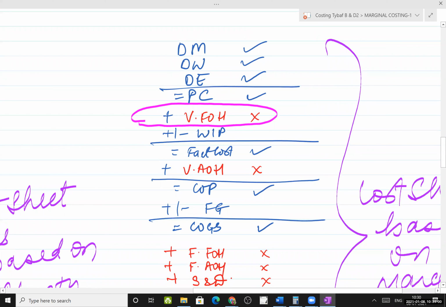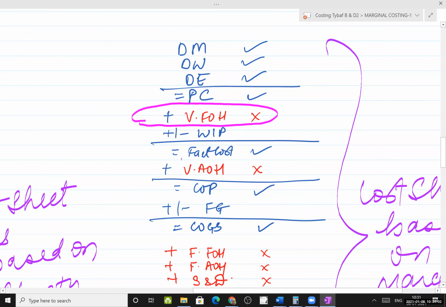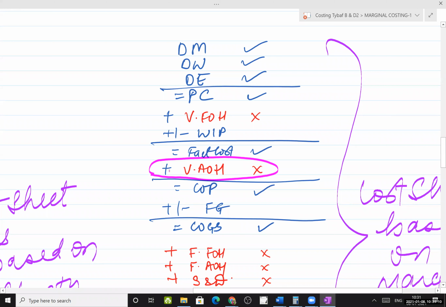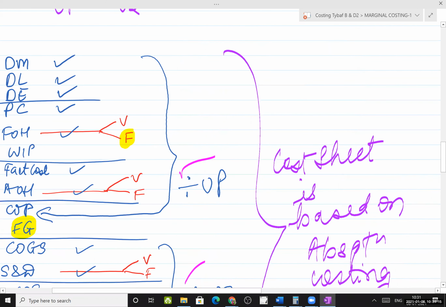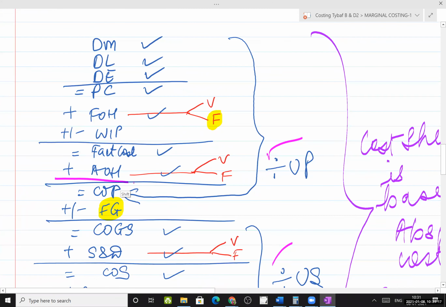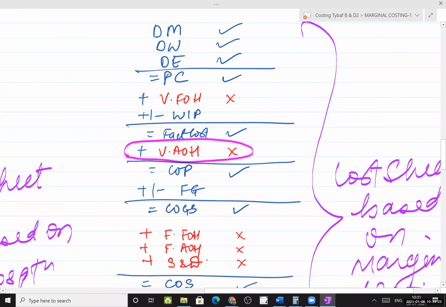Add less your WIP, you will get factory cost. Then add variable admin overheads. And see here it was what? Fixed and variable both. Okay, so that's the difference. We are not taking the fixed overheads here.